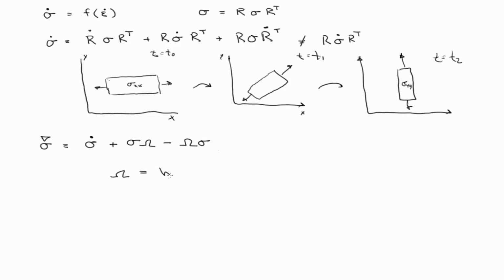If we choose omega to be W, which is the spin tensor, so remember the velocity gradient can be decomposed into the rate of deformation plus the spin, the anti-symmetric part of the velocity gradient, then this thing has a name, and it's called the Jaumann objective rate of Cauchy stress.